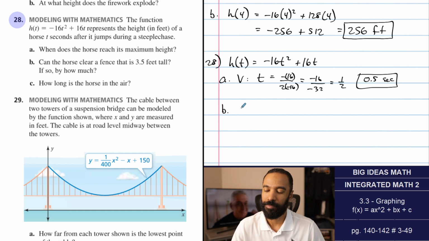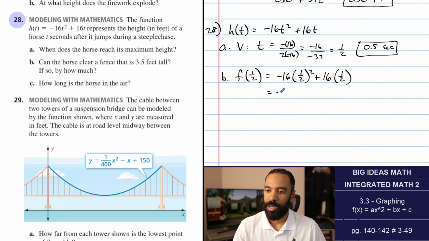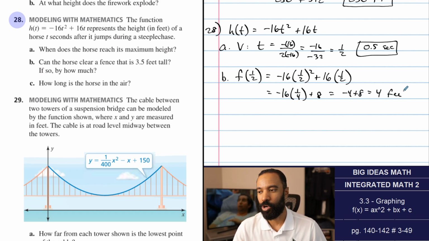How do we find that out? Let's do f of 0.5. I'm going to plug in the 1/2. F of 1/2 equals negative 16 times 1/2 squared plus 16 times 1/2. Negative 16 times 1/4 is negative 4, plus half of 16 is 8. That's negative 4 plus 8, which is 4. So 4 feet.